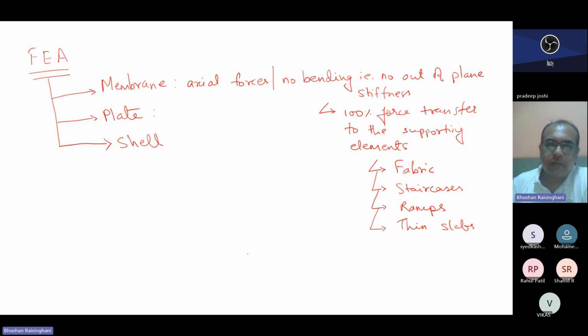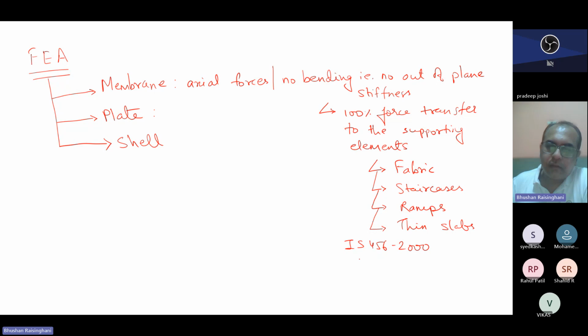So whenever you come across defining a membrane or a plate or a shell, you have to keep this in mind: there is no out of plane bending stiffness for the membrane elements. Now this is what is considered in our IS 456-2000. So whatever factors or parameters we are using in the table that is given, like two sides continuous, one side continuous, all those parameters are given.